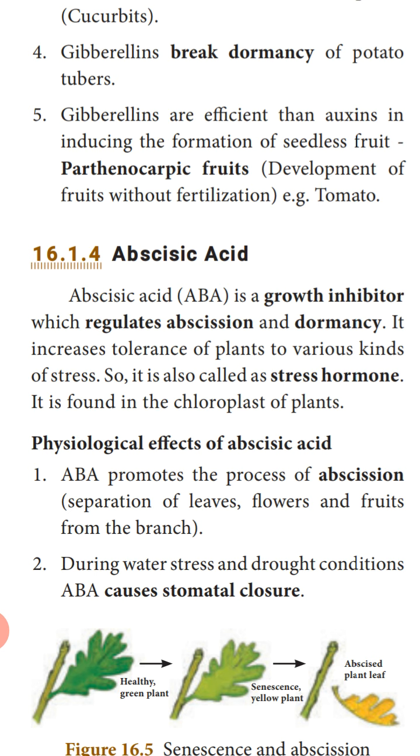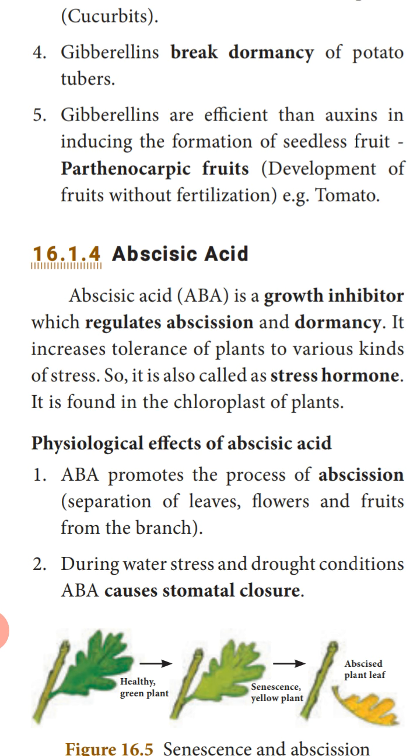The mature leaves, flowers and fruits are separated from the plant by the formation of an abscission zone. Abscission zone is a blockage where the vascular tissues are blocked, so the particular plant parts will not receive the food and the water. As a result, they start dying there. So ABA promotes the process of abscission.